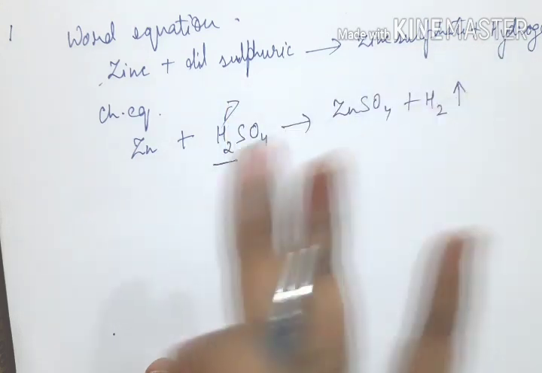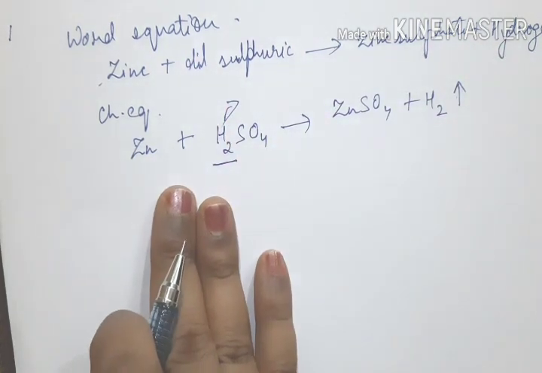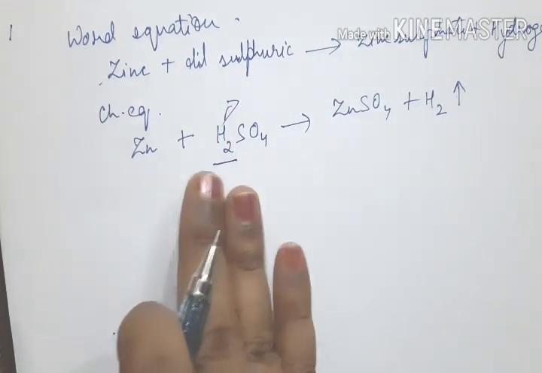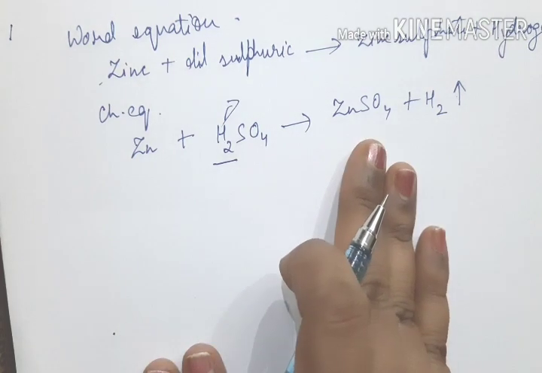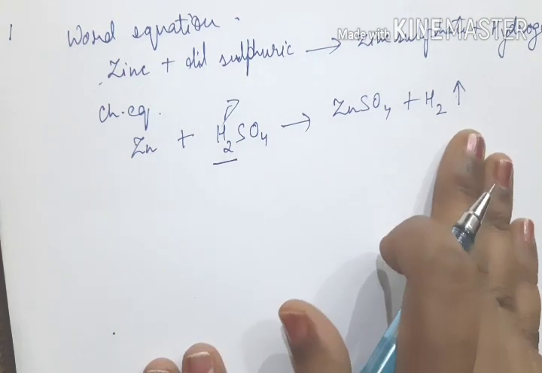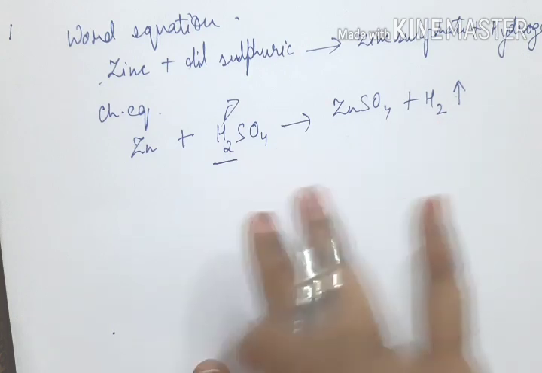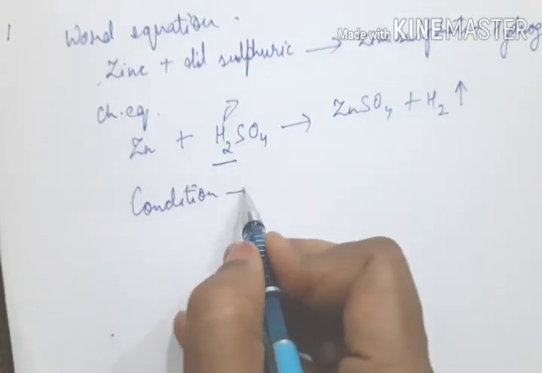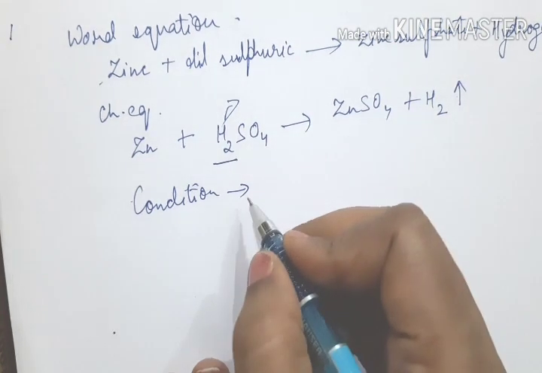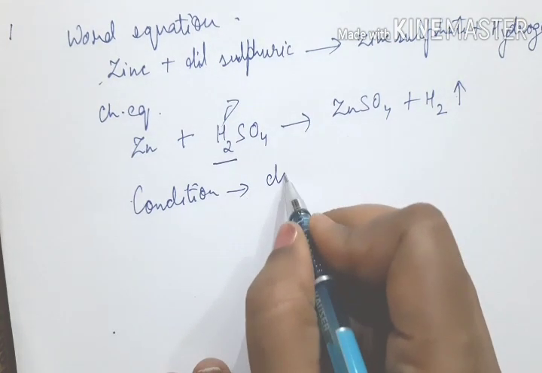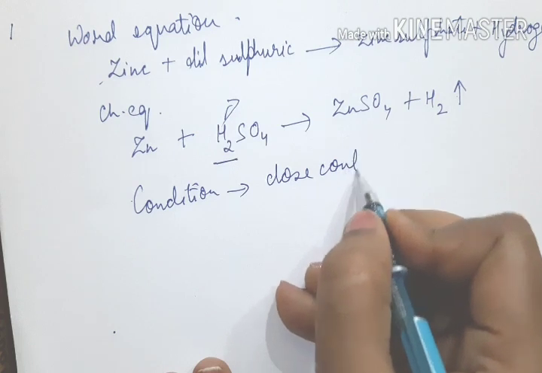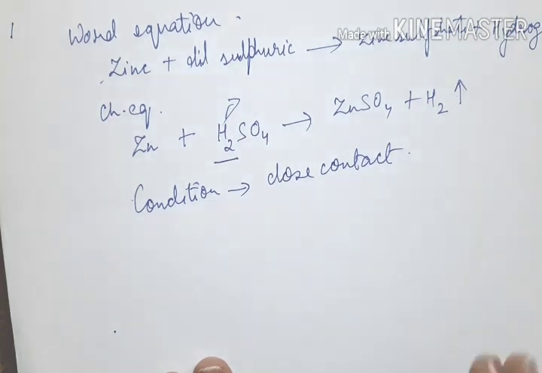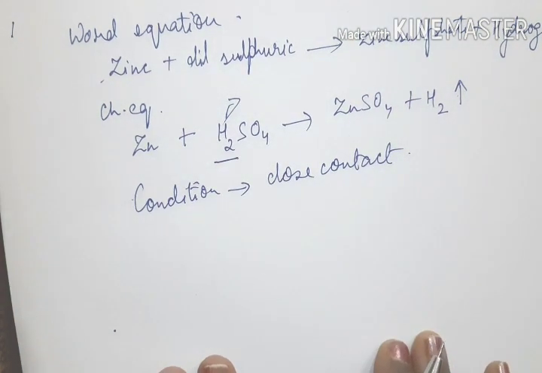This is the word equation, and when we use symbols and formulas, we write Zn plus H2SO4 gives ZnSO4 plus hydrogen. The condition, as I told you, is close contact. For a chemical reaction, you should keep in mind the condition. Every chemical reaction will have a particular condition under which that reaction proceeds.